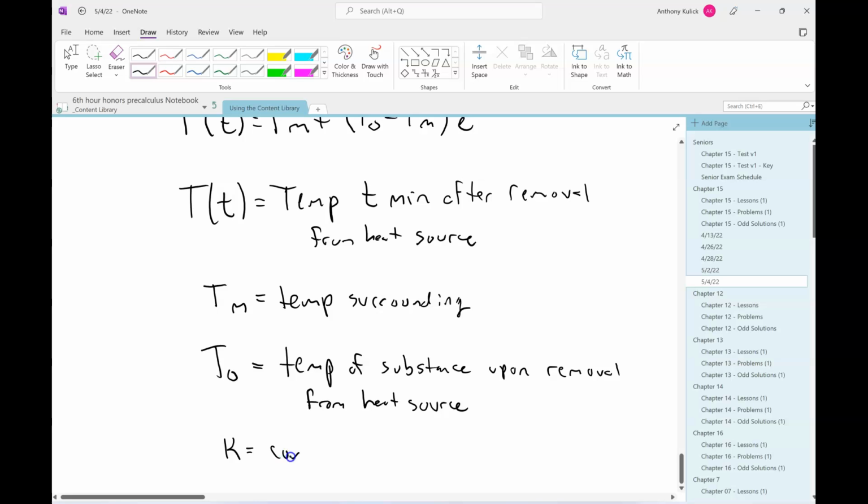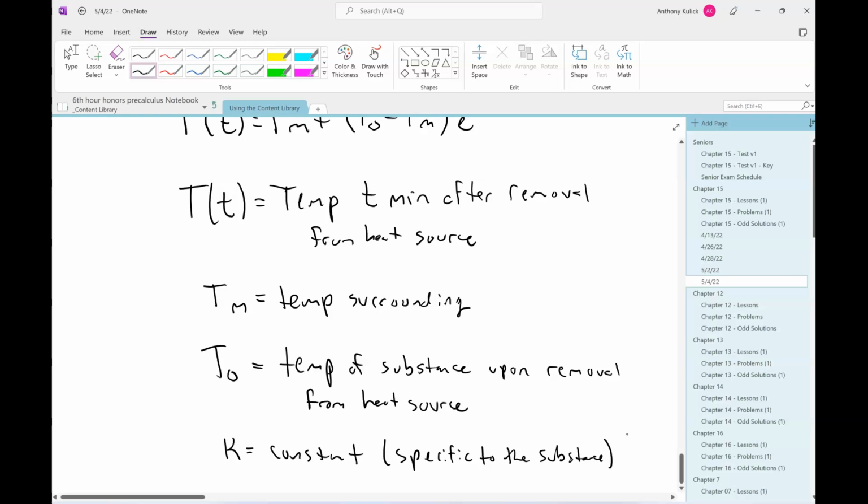K is a constant, but that constant is specific to the substance. So for example, like your pizza rolls are going to cool differently than your steel sword would. Not surprising. Probably we've made tomato soup and a grilled cheese sandwich, and the grilled cheese sandwich is edible way quicker than the soup was, right?